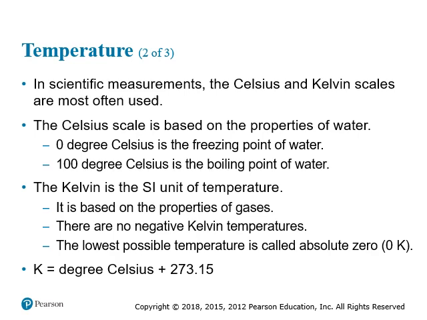If you'll remember, the metric system has either the Celsius scale or the Kelvin scale as the standard unit. Now, the Celsius scale is based on the properties of water. 0 degrees Celsius represents the freezing point of water, and 100 degrees Celsius represents the boiling point of water. It was developed by Anders Celsius.